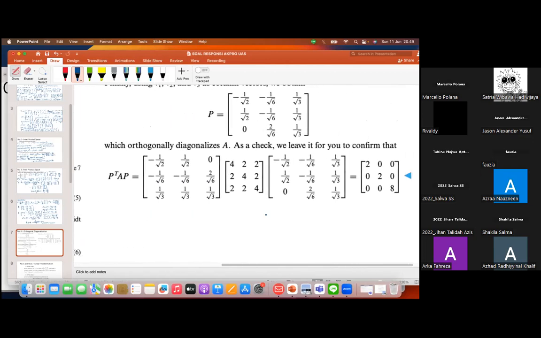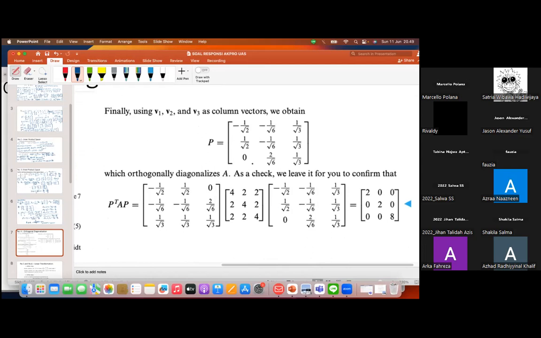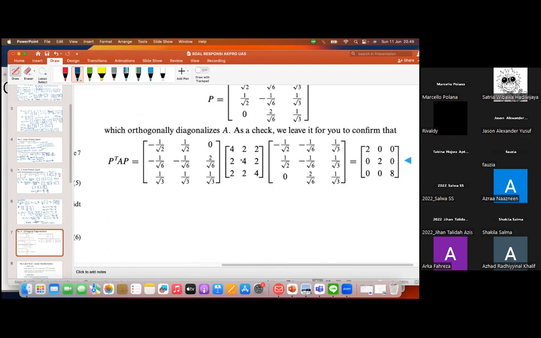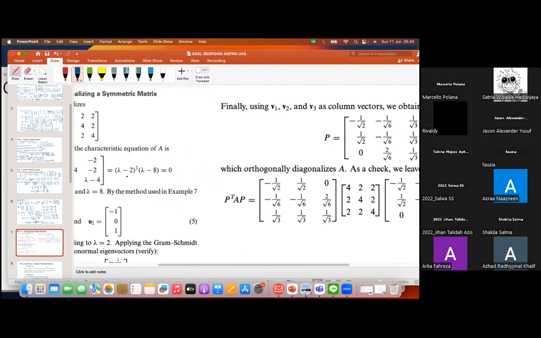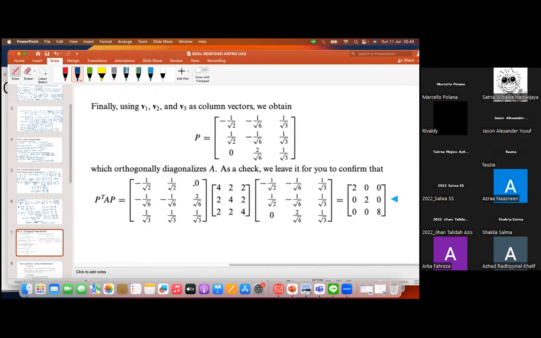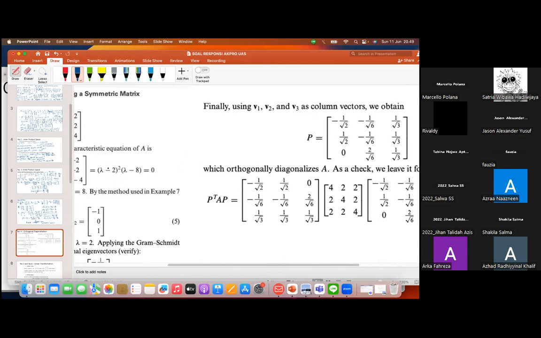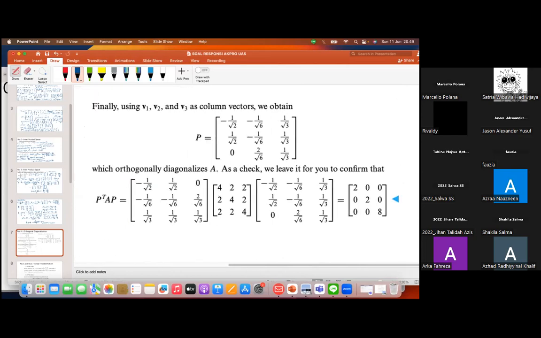After that, you will get the matrix P. And then finally, you just transpose this matrix P, and you're going to get the diagonalization. And you see the result is the same as the eigenvalues, which are 2 and 8. And 2 appears twice here, which is why there are two values of 2 here.